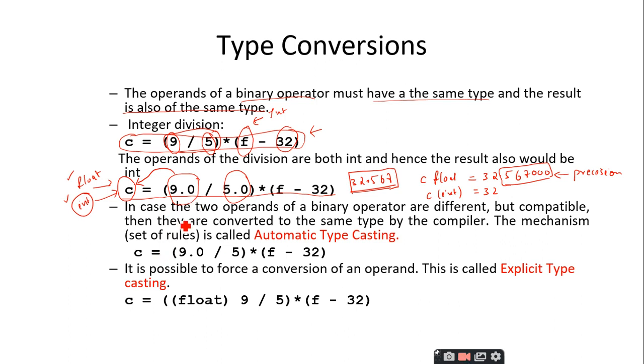Similarly, for example, if you take the same formula for calculating the Celsius using the Fahrenheit, see here, 9.0 is a float value and 5 is considered as an integer value. A float divided by an integer, that means integer is lower order and float is higher order.